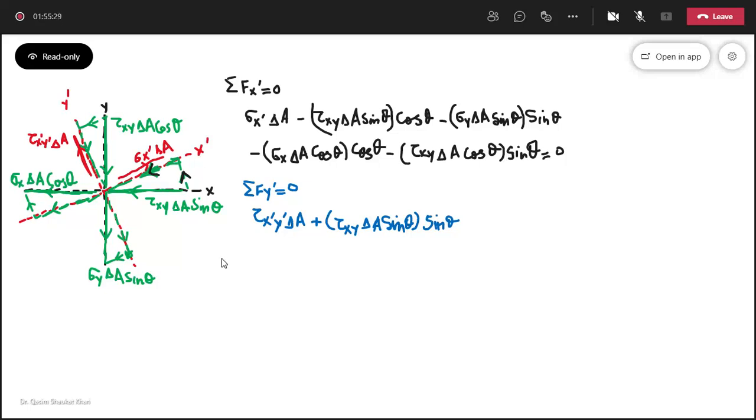Then you have this one. The component is this one, acting downwards, so this will be negative. So minus sigma y delta A sin theta, and the component will be sin theta cos theta, correct.